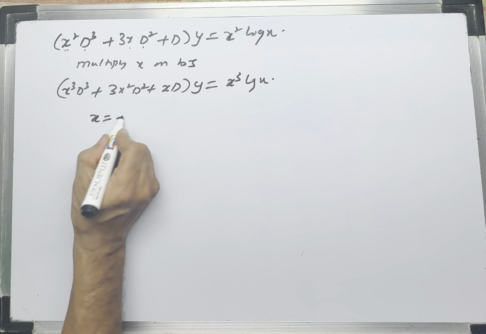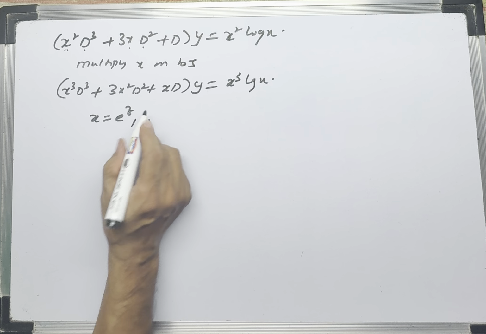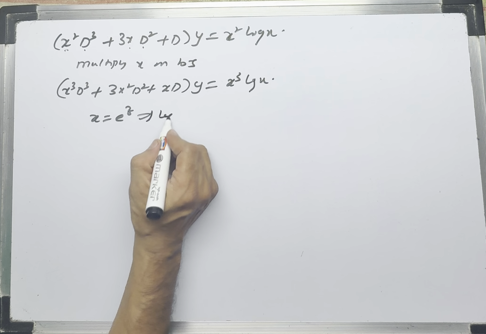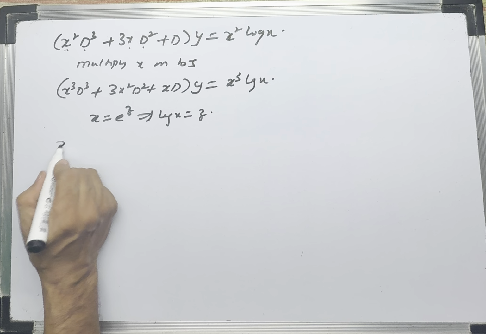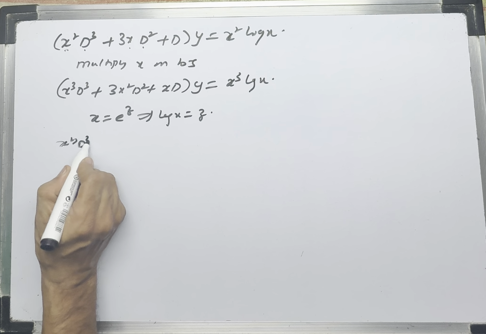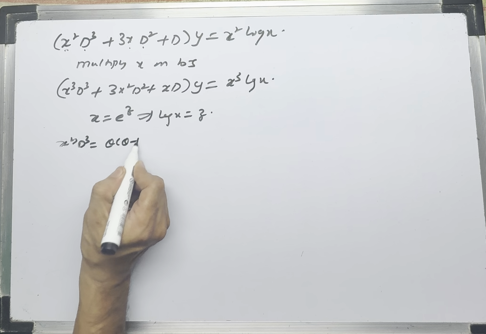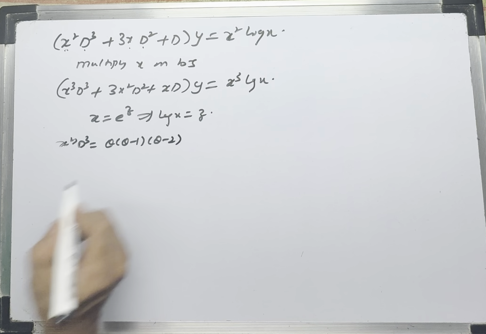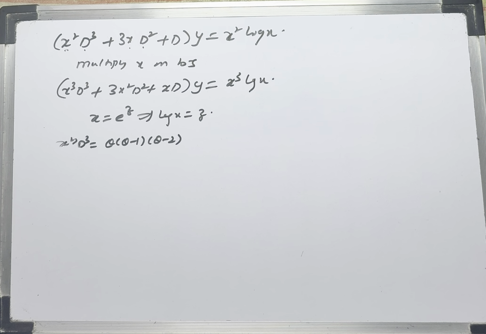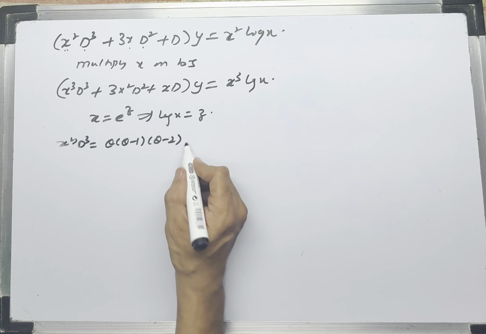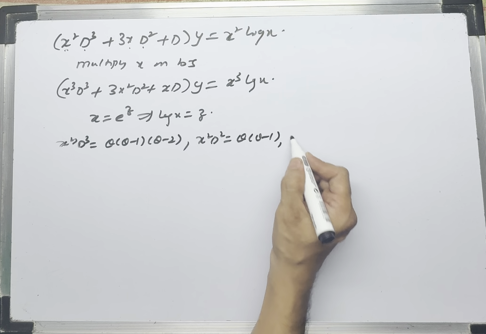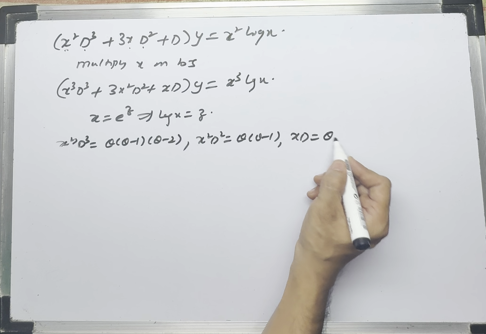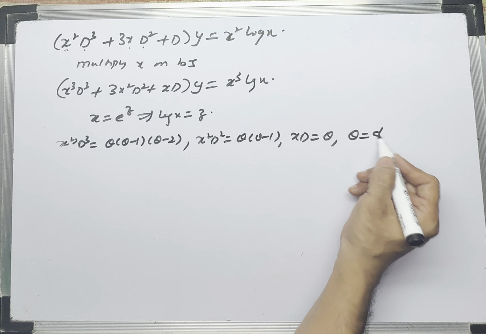Now x equals e power z, implies log x equals z. Now x cube d cube equals theta into theta minus 1 into theta minus 2. Then x square d square is theta into theta minus 1. Then xd is theta, where theta is d by dz.